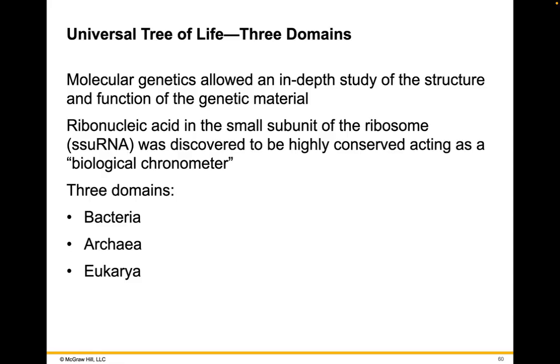Molecular genetics, remember, means looking at the molecules and the genetics that create the organism, so proteins and DNA and RNA. It allowed us to study the structure of different types of RNA, and ribonucleic acid in a small subunit of our ribosomes was discovered that really helped us learn that there are 3 main domains: bacteria, archaea, and eukarya.